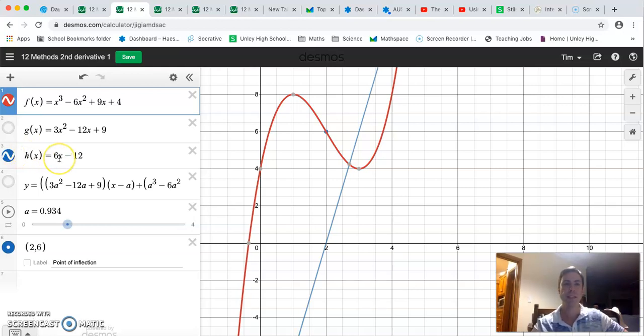Now, one more thing about this. Hopefully we've made it really clear that the point of inflection is where the second derivative equals 0. Okay. But I want you to now think, well, why is the second derivative negative when we have concave down? First, you've just got to learn that.